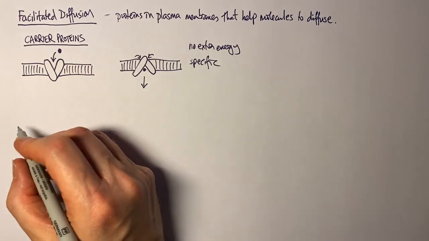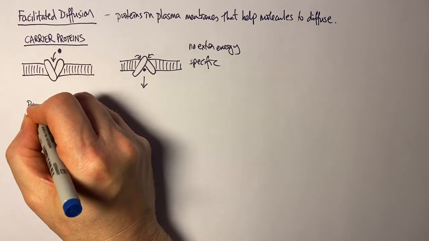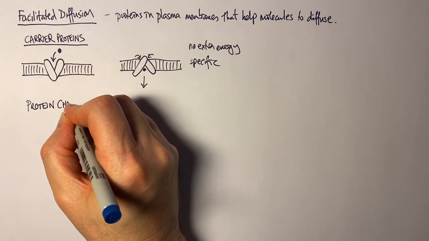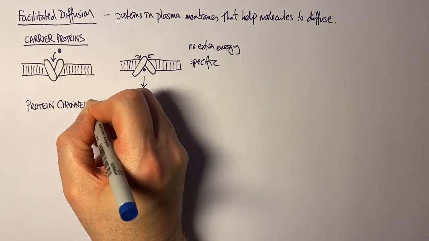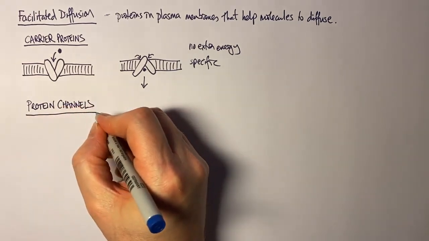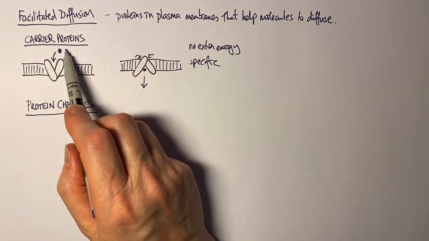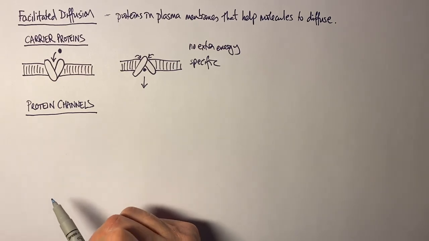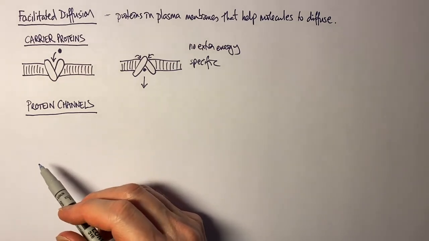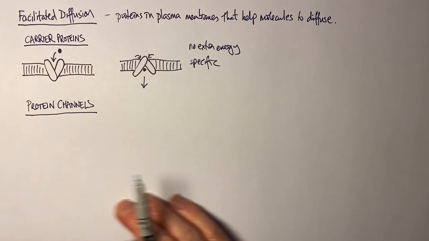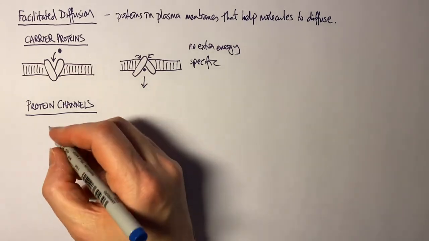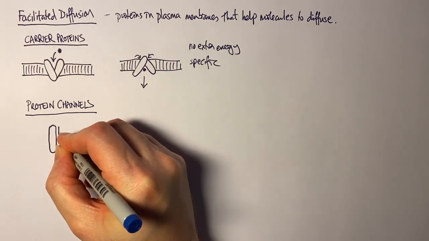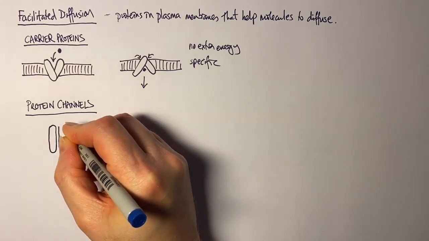We've also got protein channels. So we've got carrier proteins and then we've got protein channels. Protein channels also are intrinsic proteins, so they span the membrane, and they usually have a channel which is hydrophilic.